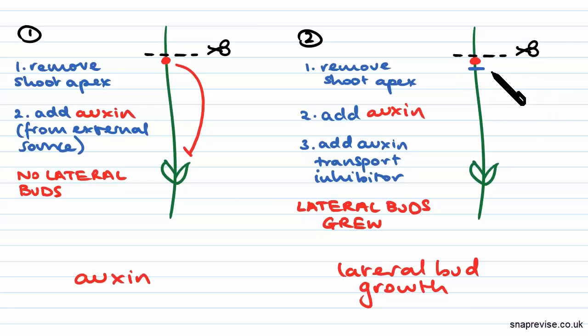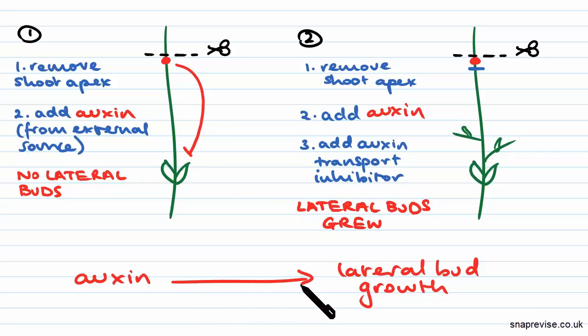So even though it was there, it couldn't affect the rest of the plant. Now this meant that its inhibitory effects seemed to be limited, and actually lateral buds did grow in this plant. So that again seemed to support the hypothesis that auxin was responsible for inhibiting lateral bud growth.